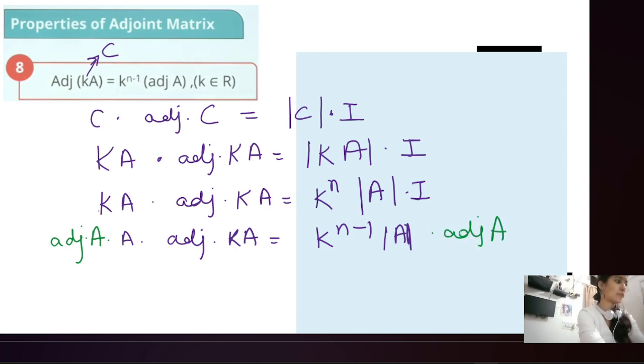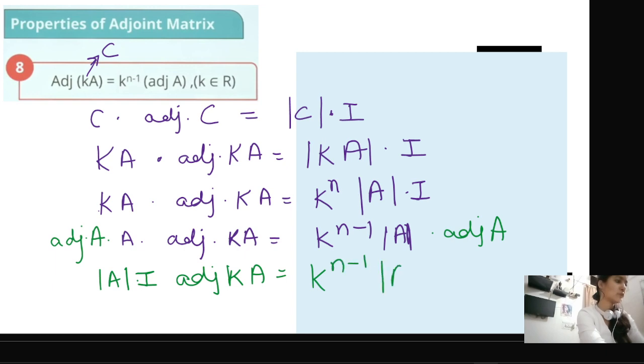Adjoint of A. Why are we multiplying after this? Because this is the constant, so that's why we are multiplying after the constant. So from here we are getting determinant of A, I, and then adjoint of kA is equal to k^(n-1).